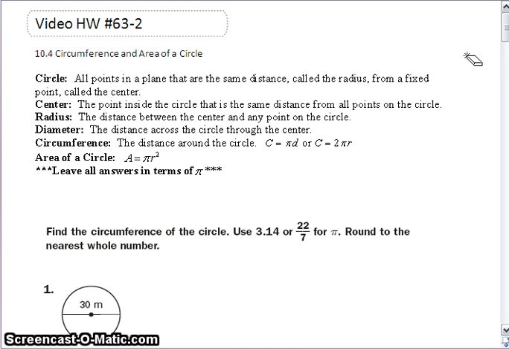Now we're going to use two formulas. One is the circumference of a circle, and there are two you can use. One is pi times diameter, and the other is 2 radius times pi.